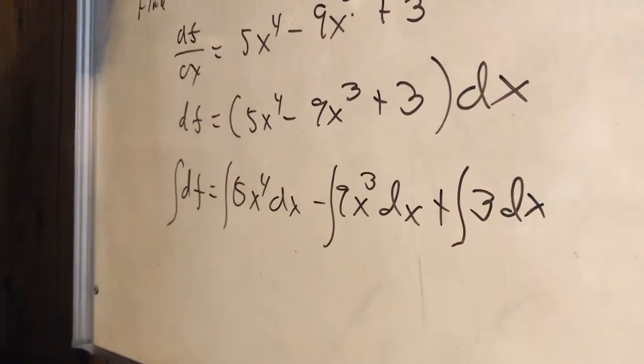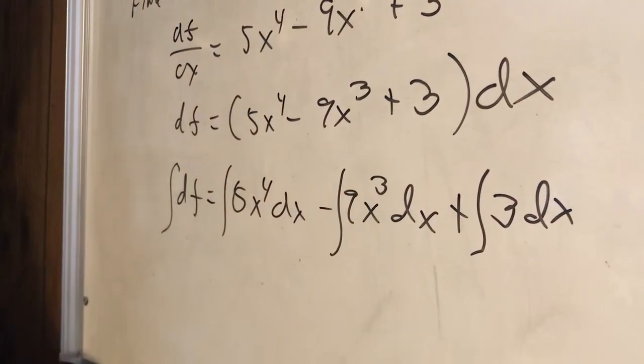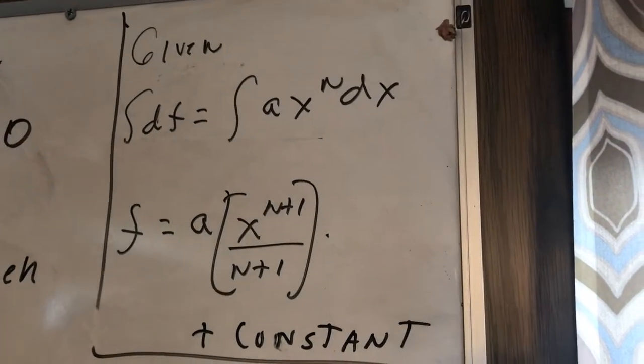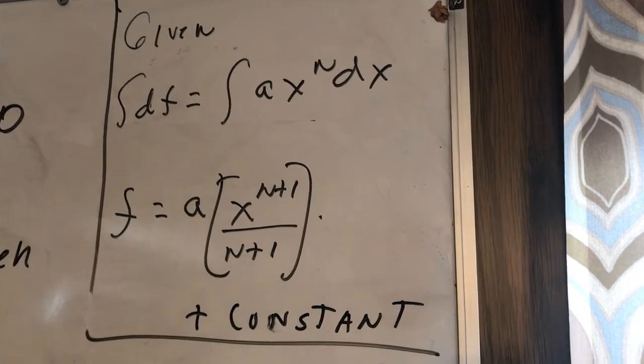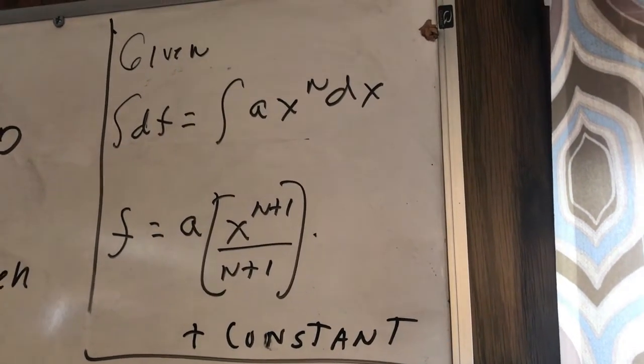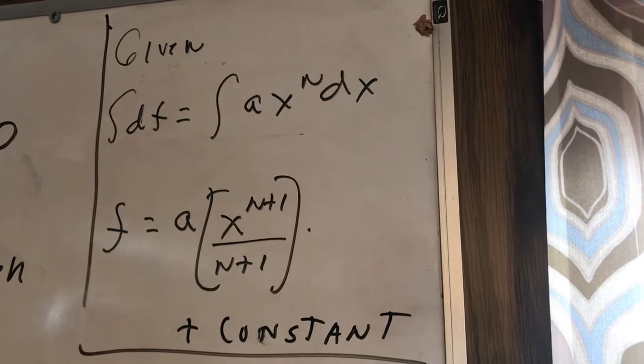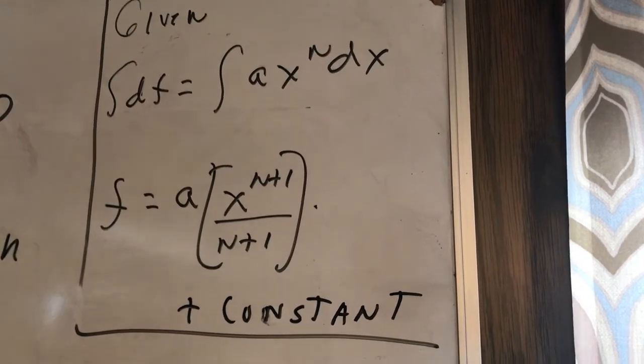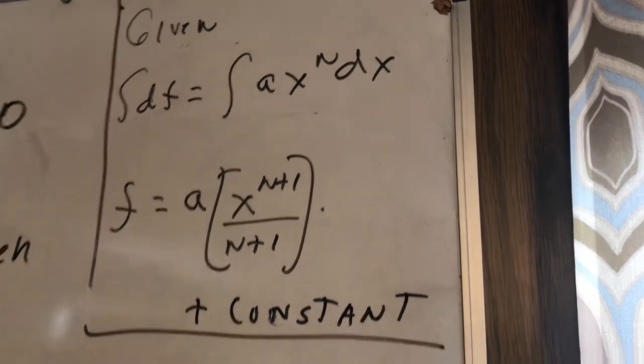You can put the integral sign outside. And we're going to use the power rule up there, which says that if I'm given a differential df and I have the integral of ax^n dx, the f term, which is a function, is ax^(n+1) divided by n+1, plus a constant.